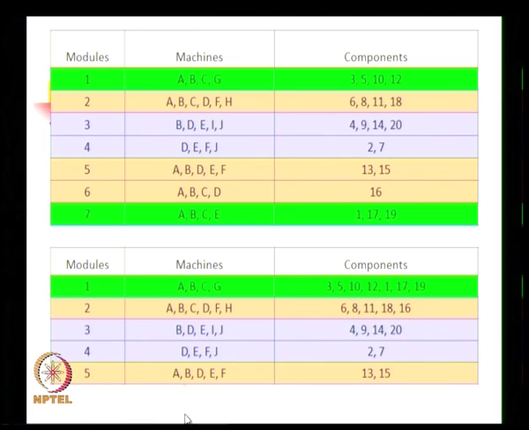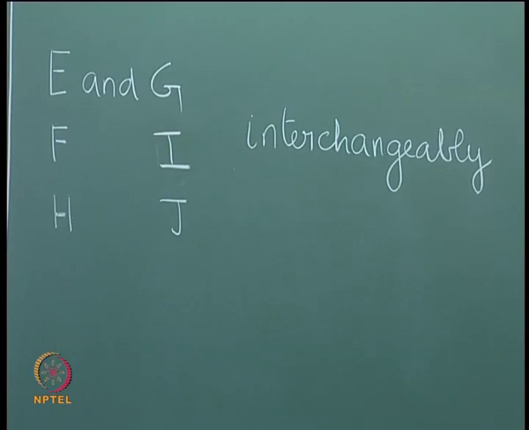So, that is carried out, and then we have these 5 modules, or this goes to this, and then we look at this 1, 17, 19 module number 7 that has A, B, C, E, and we also said that E and G are interchangeable, which is very specific to this problem.